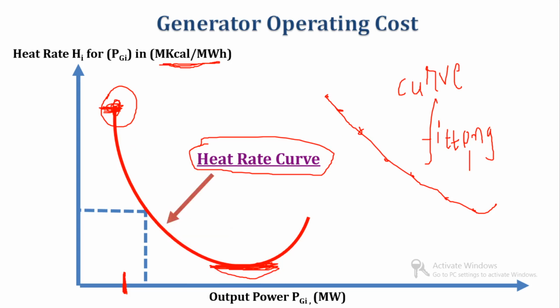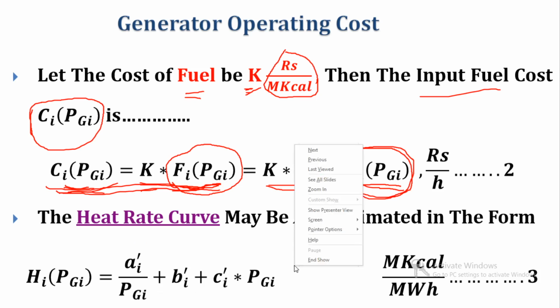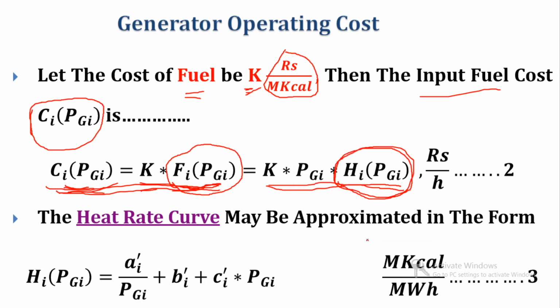Based on this graph, the curve fitting tool directly gives the equation, and that equation is nothing but what I have written over here. Hi of Pgi is equal to Ai dash upon Pgi plus Bi dash plus Ci dash into Pgi. So this is the equation that we have taken from the curve fitting tool.